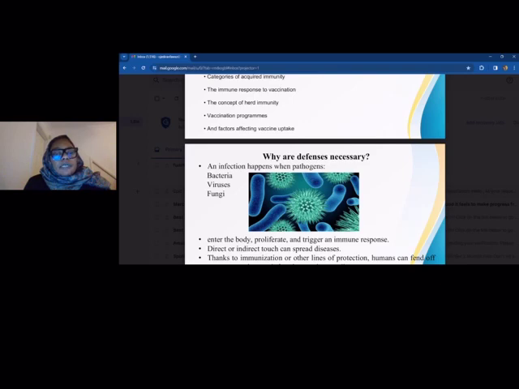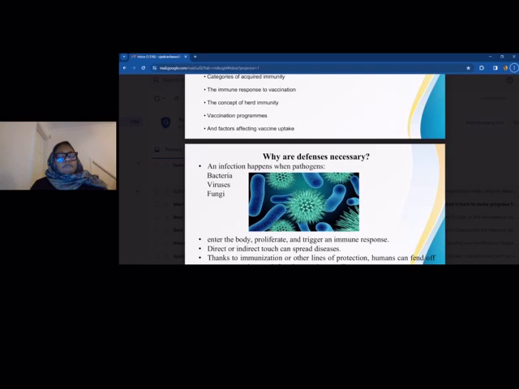An infection happens when pathogens, that is bacteria, viruses, and fungi, go into the body. In this slide, we're going to talk about the bacteria, the virus, and at the same time the parasites.